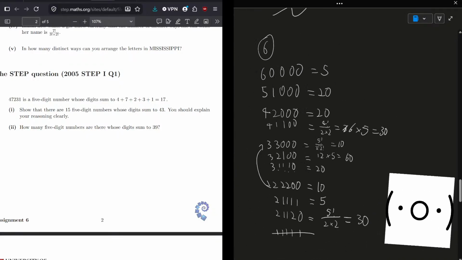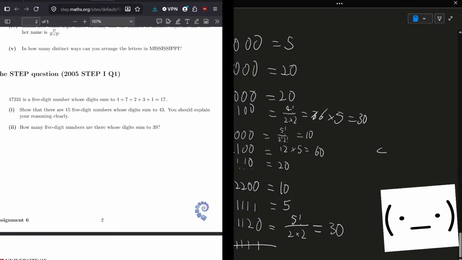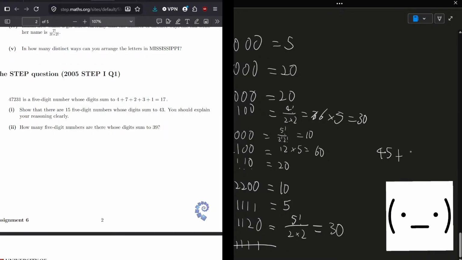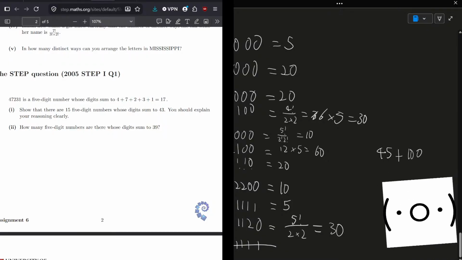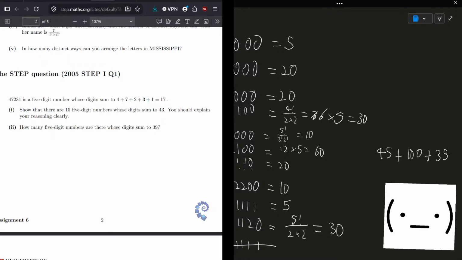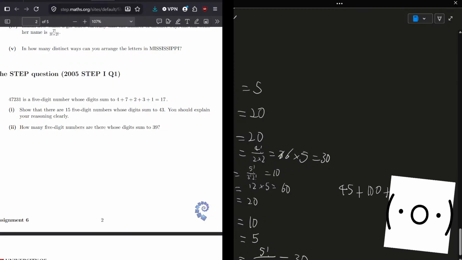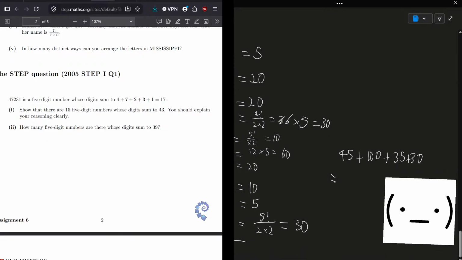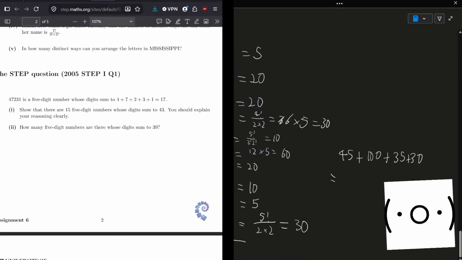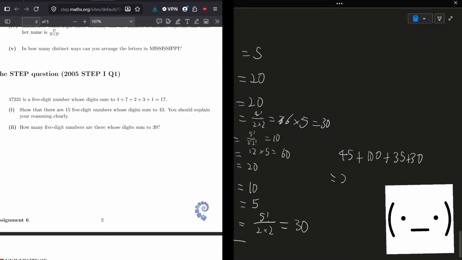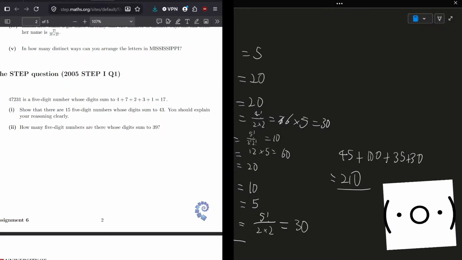But with that, all we've got to do is add all these together. That's 45 plus 100 plus 35 plus 30. Summing these together in bits of 3, which is why it might be a bit quick. I mean, not quick by some people's standards, certainly, but 210 is the final answer.